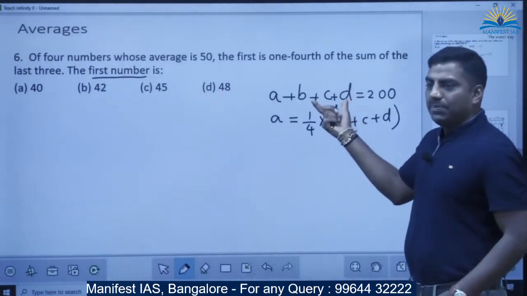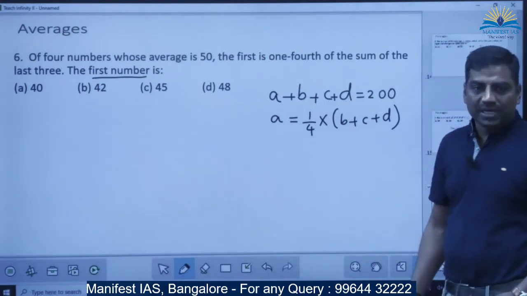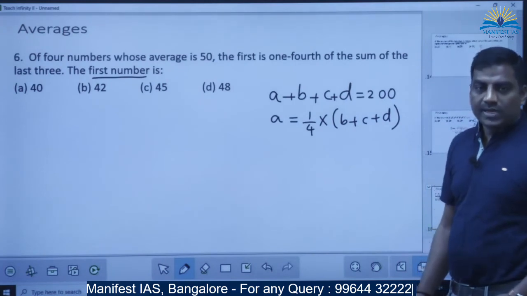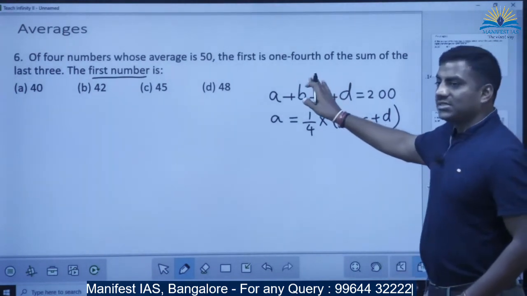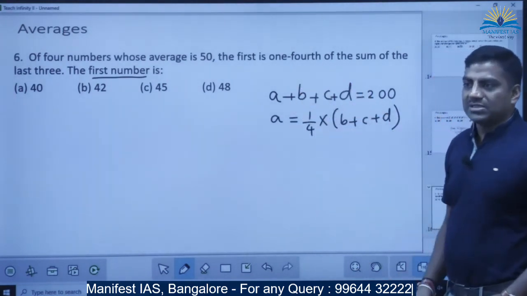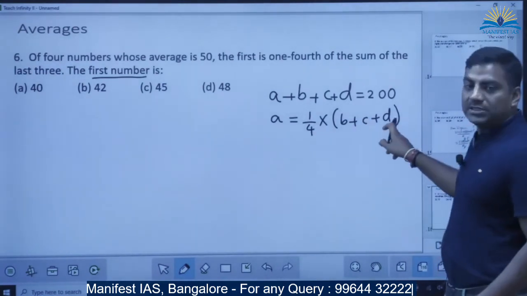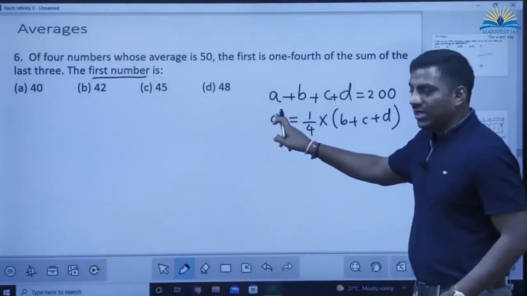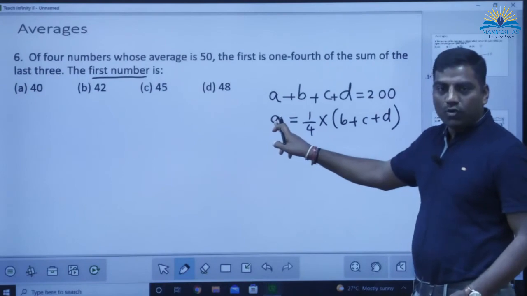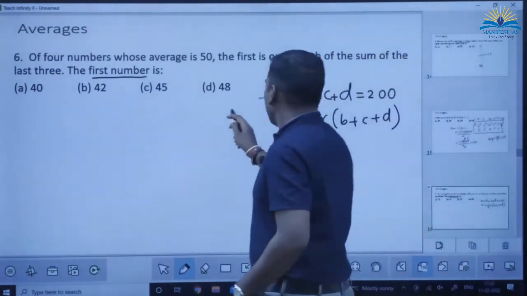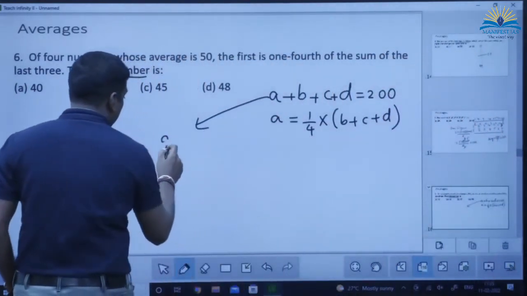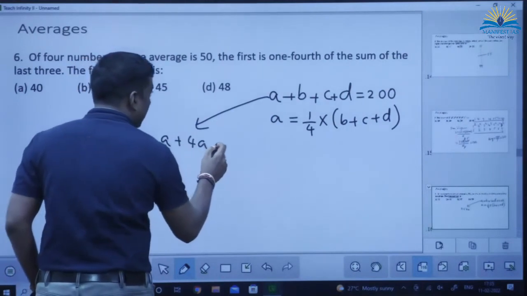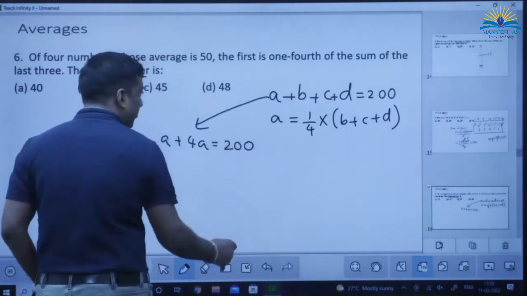Instead of B plus C plus D, you have to replace it with something. Can I write something else in the place of B plus C plus D? If you bring this one here, it will become 4A. So, write this equation as A plus 4A is equal to 200.